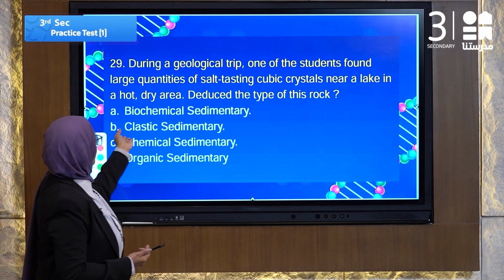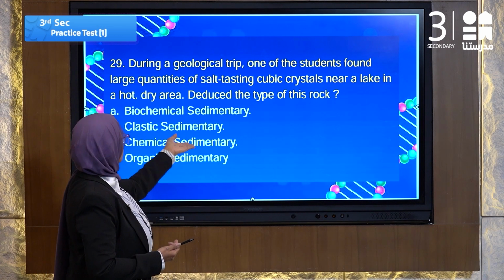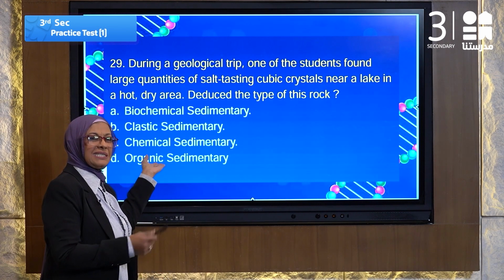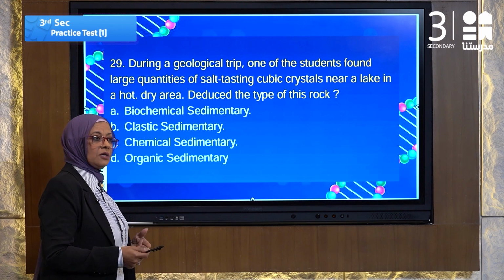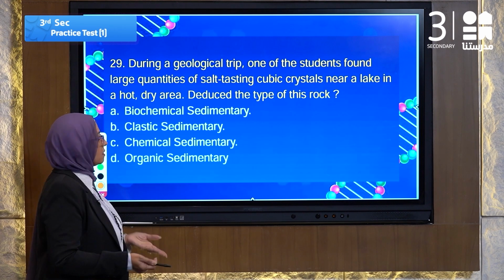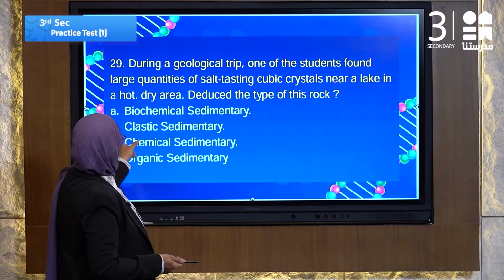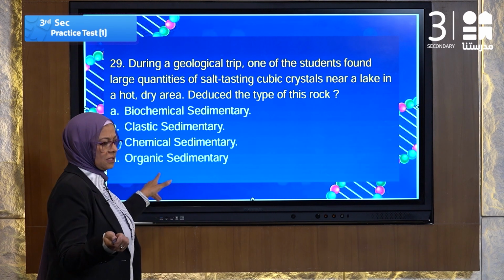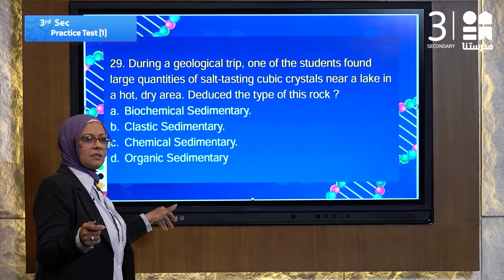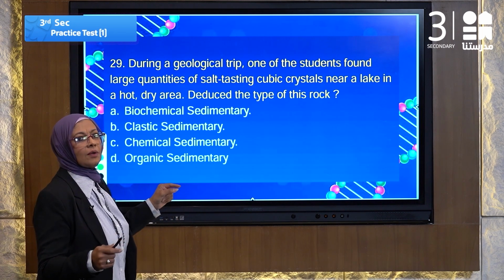Number A, biochemical sedimentary. Biochemical means residuals from biological effects or living organisms. Maybe. B, calcitic sedimentary. Calcitic means it contains calcium carbonate.